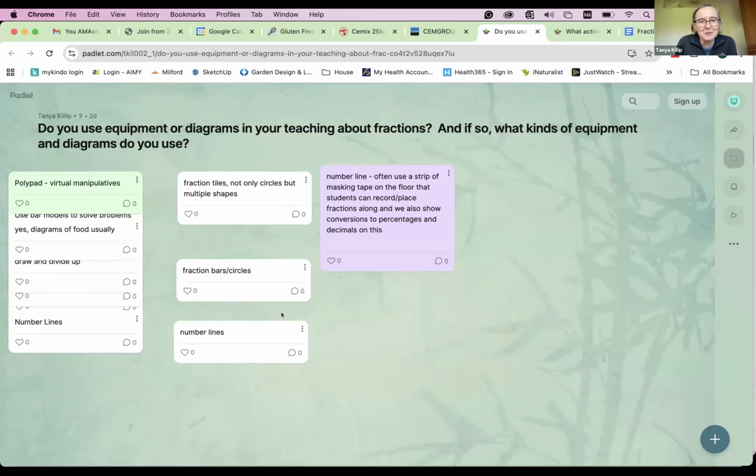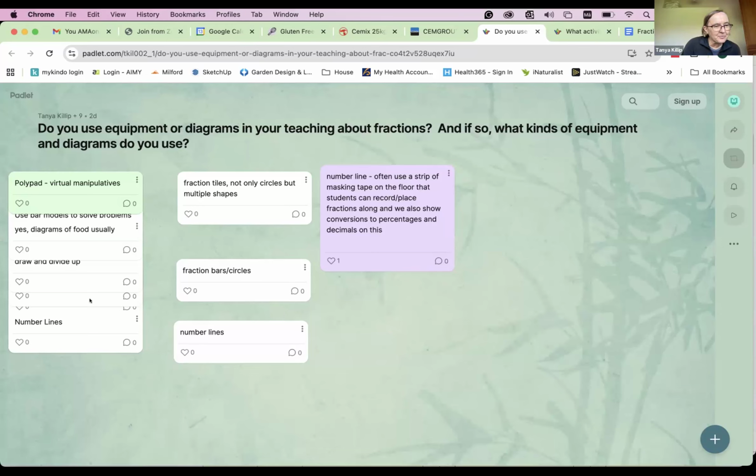Cool, masking tape on the floor. Awesome. There's an activity that I came across in research using tape on the floor and making shapes and doing fractions of those shapes as well, that we'll look at later. Awesome. So a good range there.